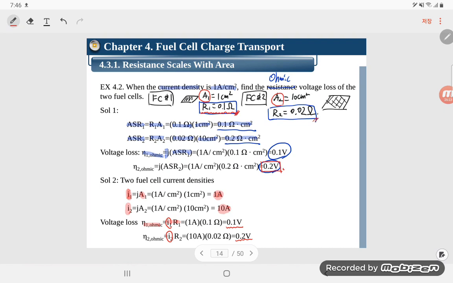So anyway, the results are the same, and because we usually use the current density in fuel cells, we should use the ASR. Or you can convert the current density into I. Because this I is larger for the second case, the ohmic loss is higher for the second case.